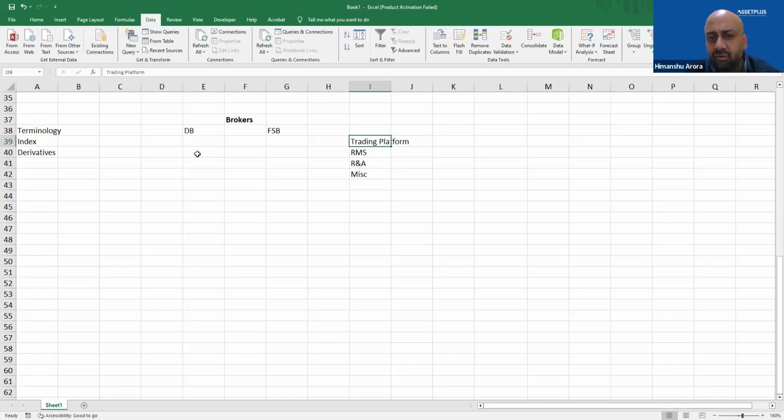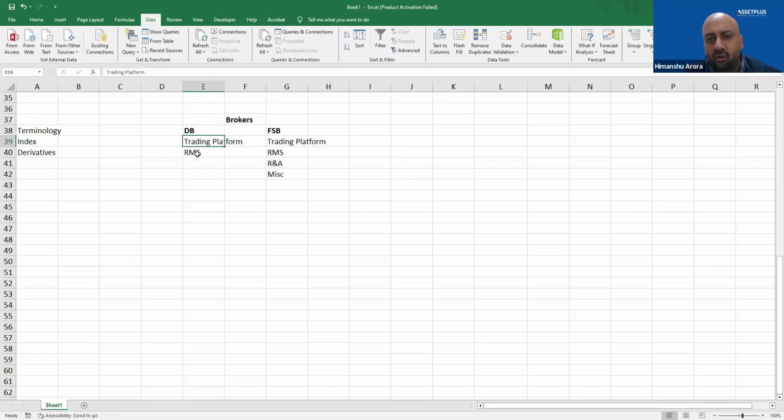Now, which services do you think are the most important ones, without which we cannot proceed? The first and the second services are the most important ones. So the broker which provides you only the first two services are called discount brokers, and the brokers which provide you all these four services are called full service brokers.